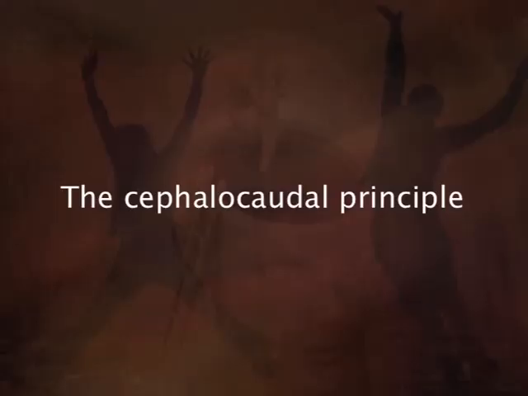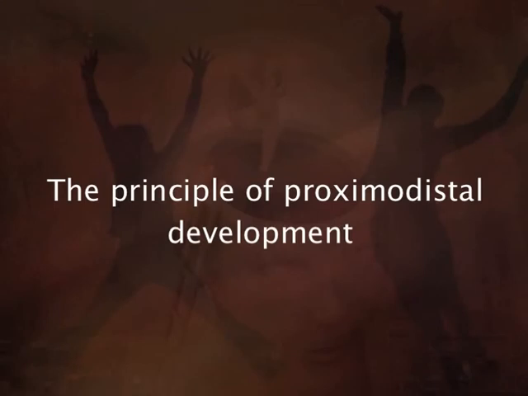Children's physical growth is guided by the 4 basic developmental principles. The first is the Cephalocaudal Principle, which suggests that development proceeds from the head downwards. Next, we have the proximodistal principle, which indicates that development proceeds from the center of the body outwards.